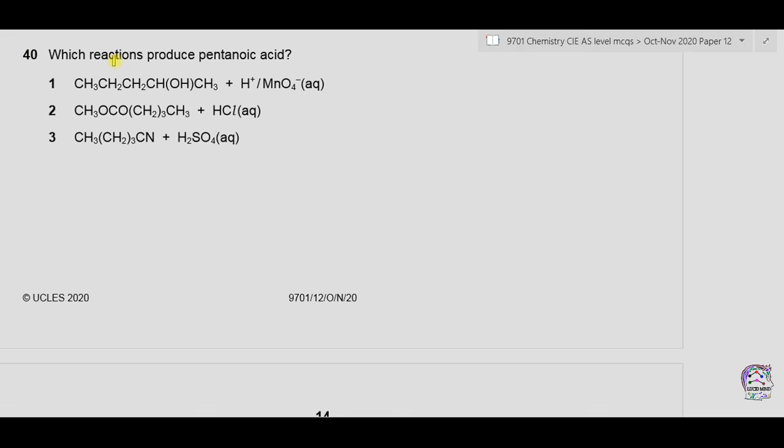Question 40. Which reactions produce pentanoic acid? Number 1, we can see that in this reaction OH group is present on the second carbon, so this is secondary alcohol, and H plus and MnO4 negative is acting as an oxidizing agent. We can write the reaction.